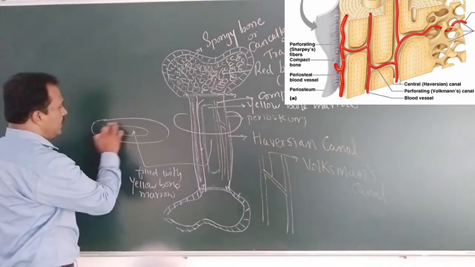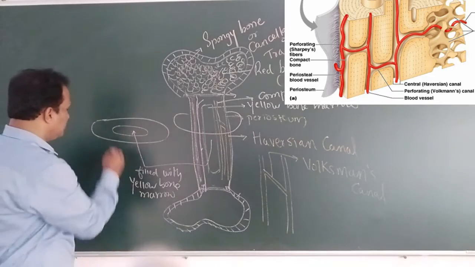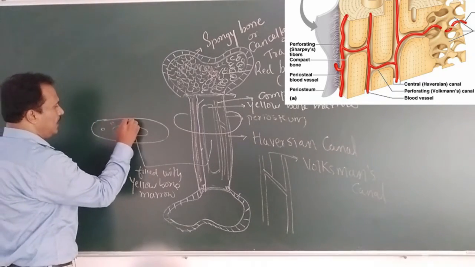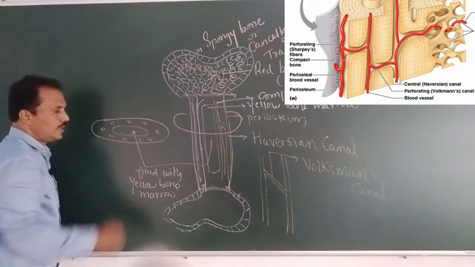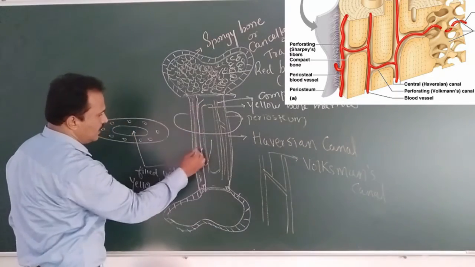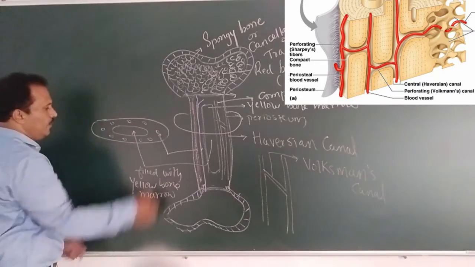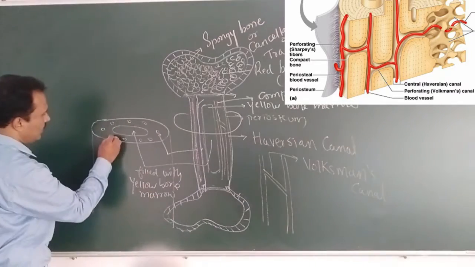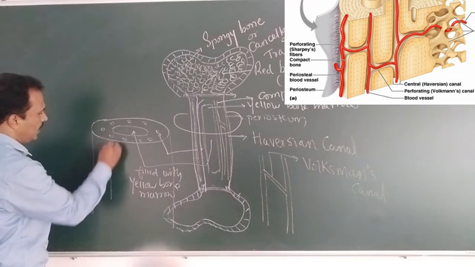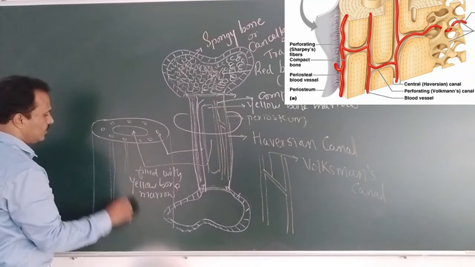And this is the shaft region we are talking about. This is compact bone. Here you will find these structures. What are these structures? These are canals. If you go lengthwise, if I extend this, these canals may extend like this.